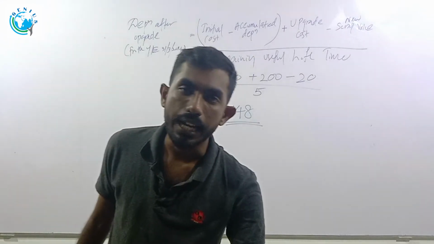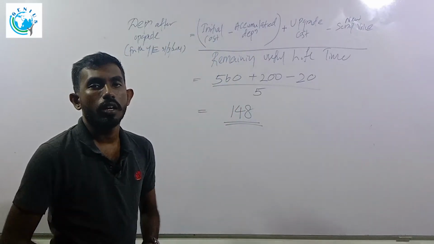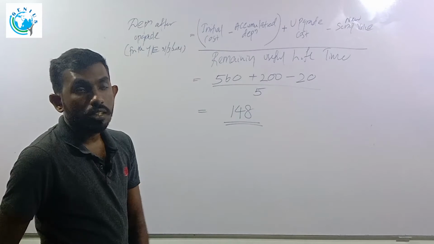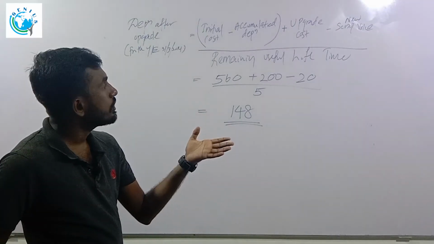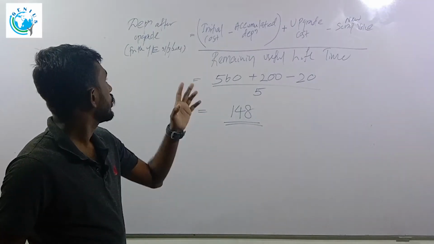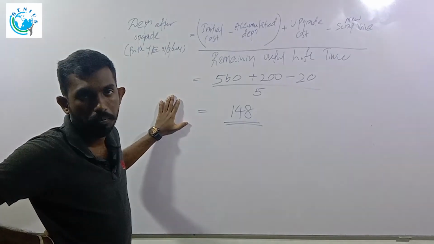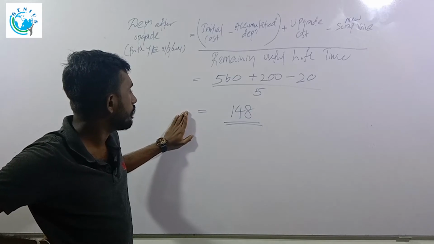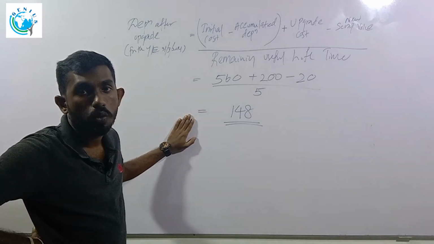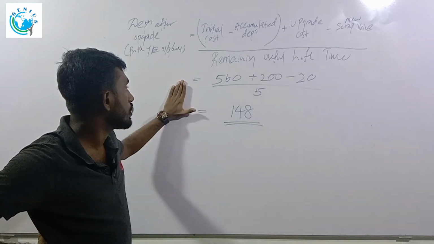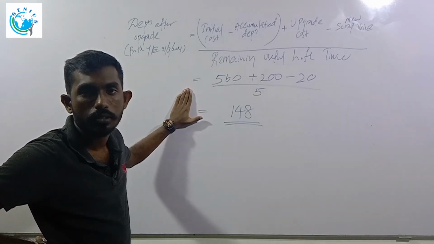So now you can see that after an upgrade or after modification, your depreciation amount is also changing. So this is one specific area where the examiner can test your knowledge on this.